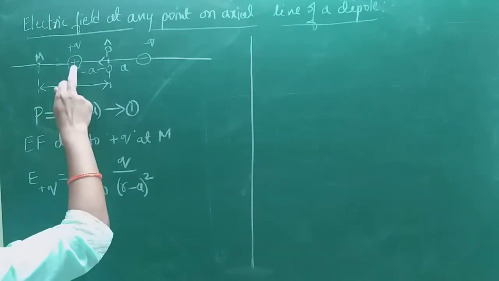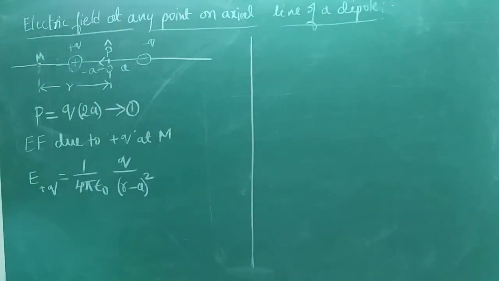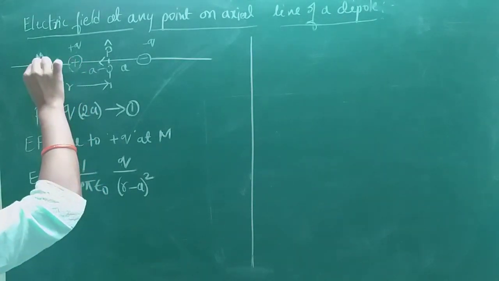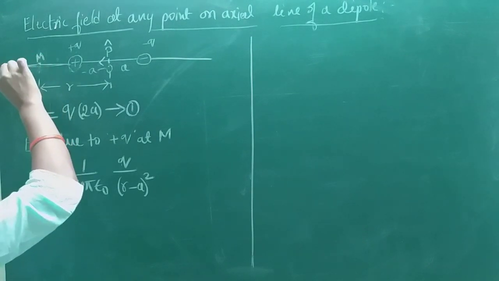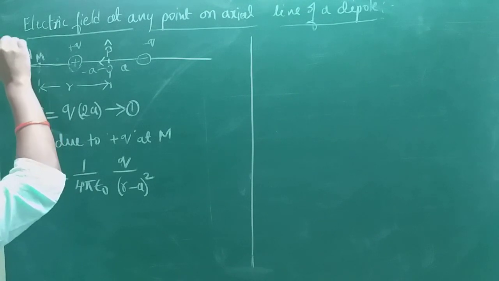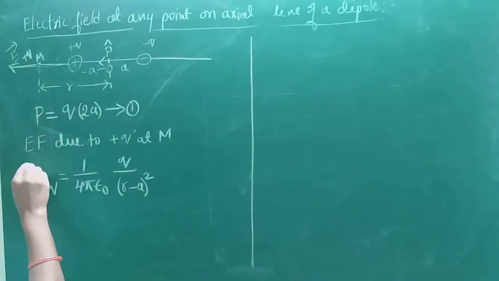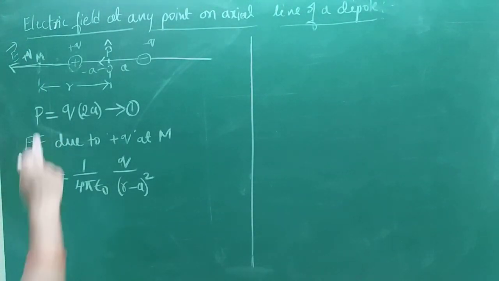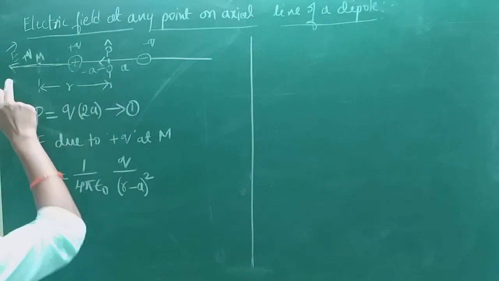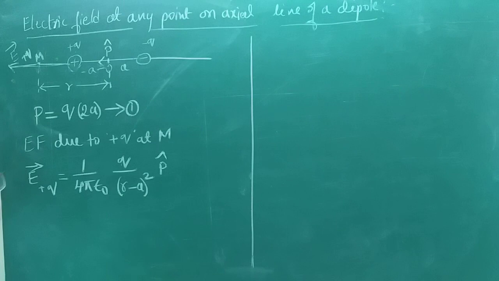Since this is a positive charge, we know that the electric field due to a positive charge acts outward. So the electric field due to this positive charge acts outward, and this is the direction of E plus Q, along the direction of the dipole moment.